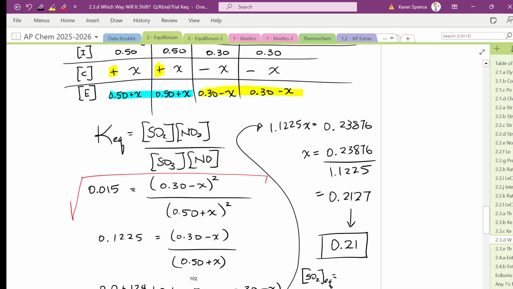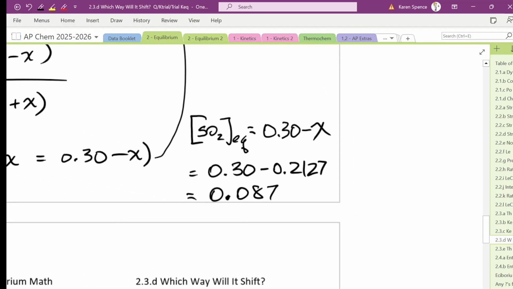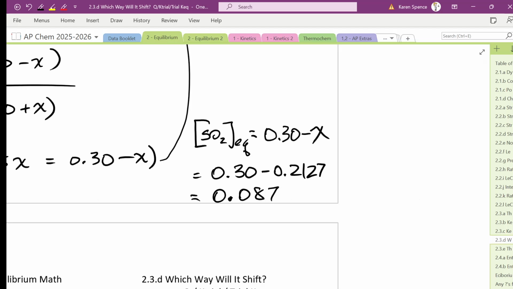And that is 0.30 minus x. And we get 0.087.